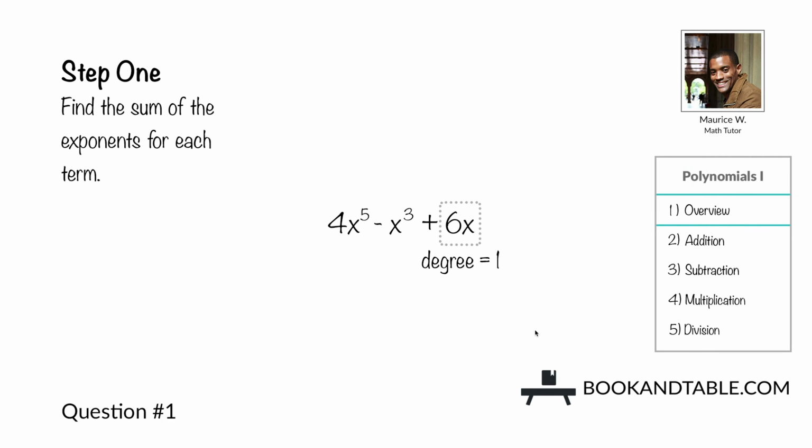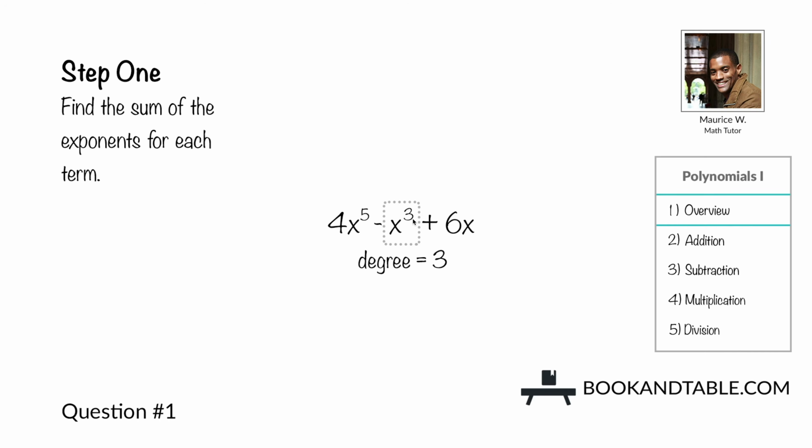Question number 1, we had the polynomial 4x to the fifth minus x to the third plus 6x. To find the degree, we want to find the sum of the exponents for each term. So this first term, we have 6x. The exponent for the x is 1. So the degree of this term is equal to 1. Then we have x to the third.